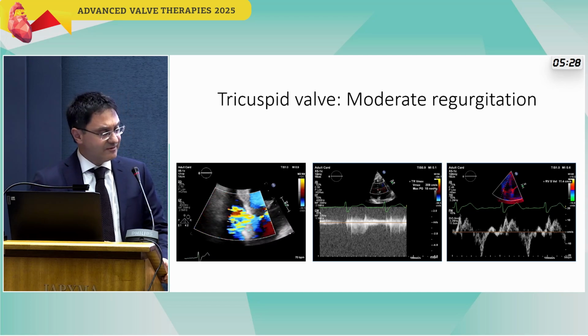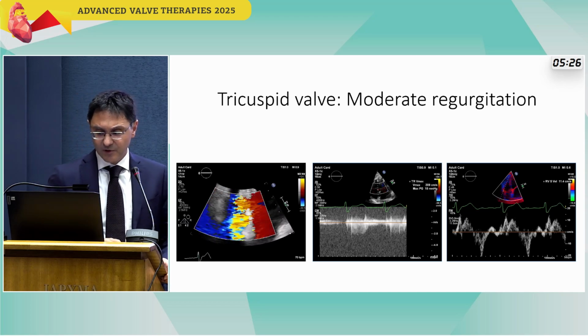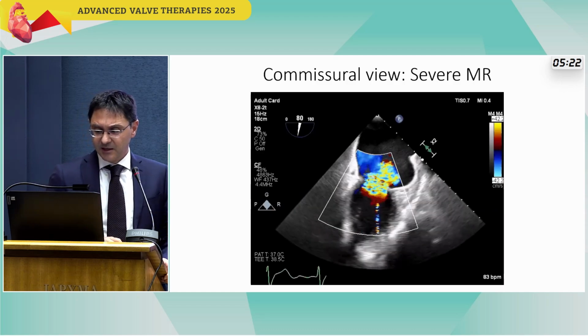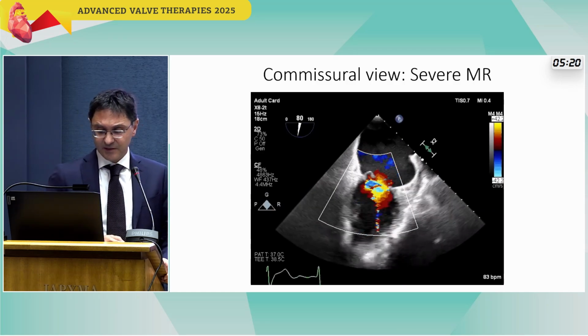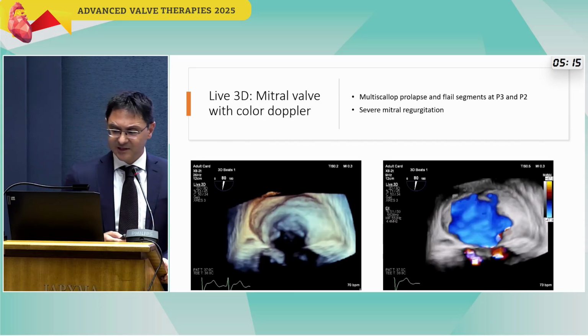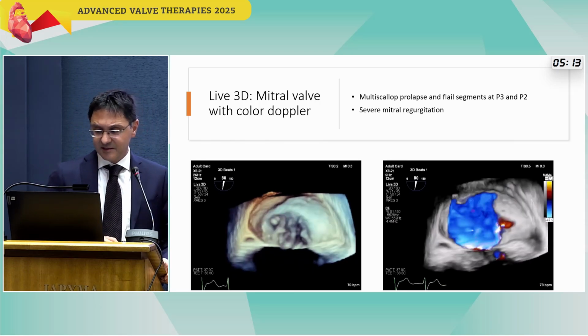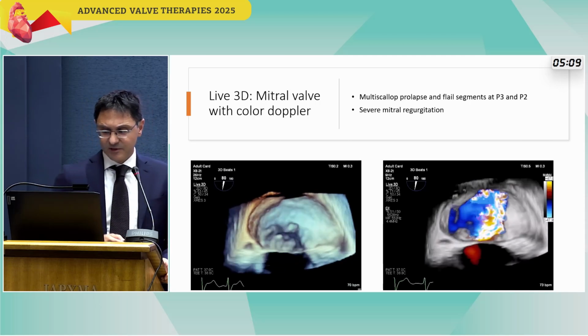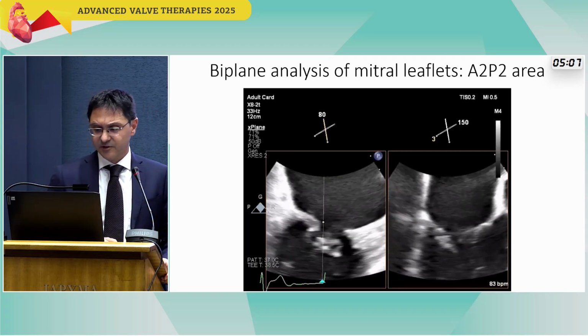The tricuspid valve shows at that point a moderate regurgitation. We see here the commissural view with a severe MR. And the live 3D multiscallop prolapse and flail in segments, especially at P3 and P2, with, as we said, the severe mitral regurgitation.